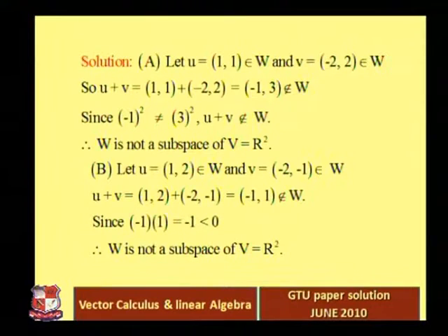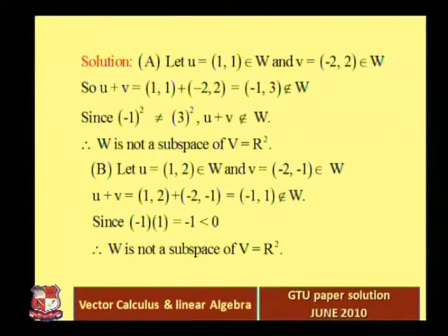Now what is U plus V? 1 1 plus minus 2 2, using standard addition, is 1 minus 2, that is minus 1, and 1 plus 2, that is 3. So U plus V is equal to minus 1 3, which does not belong to W, because minus 1 square is not equal to 3 square.